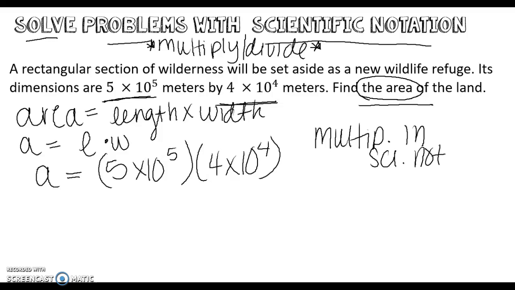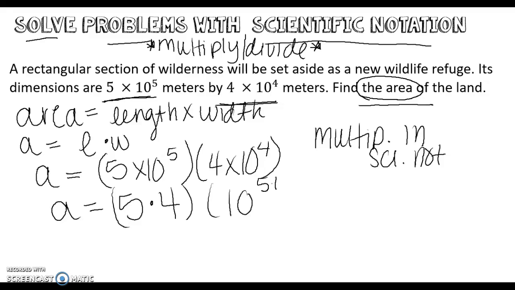And when I multiply in scientific notation, I multiply our two front numbers, so 5 times 4. And remember, when I multiply in scientific notation, I add those exponents. So I would end up with 20 times 10 to the power of 9.